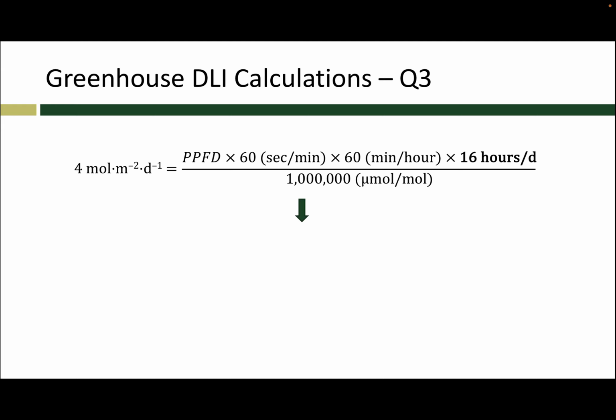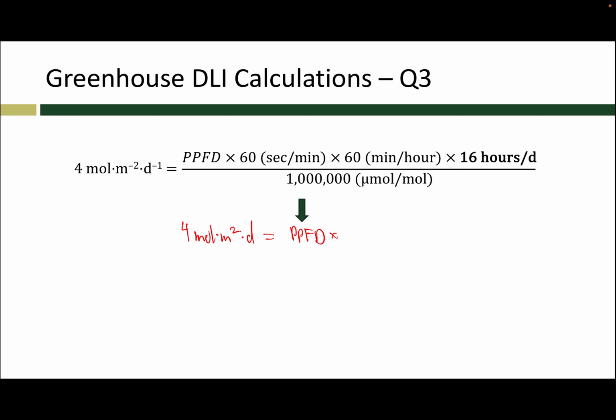So what we need to do in our first step is literally just do that multiplication again. And so what we're going to have here is we have 4 moles per meter squared per day is going to be equal to, in this case, our PPFD, which is what we're trying to solve for, multiplied times 60 times 16.